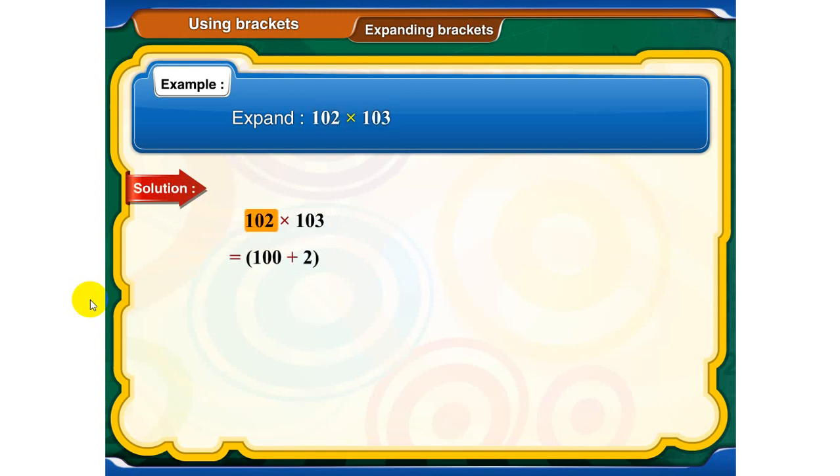Example: expansion of 102 into 103. Solution: 102 into 103 is equal to (100 plus 2) into (100 plus 3), that is equal to 100 into (100 plus 3) plus 2 into (100 plus 3).